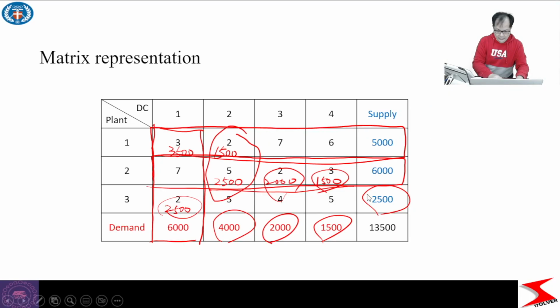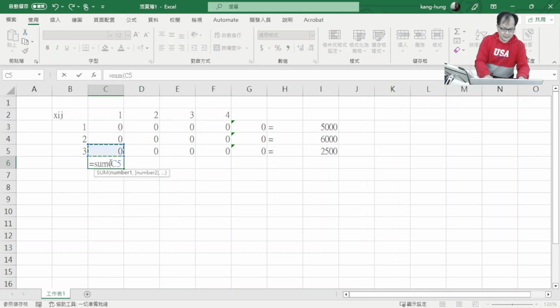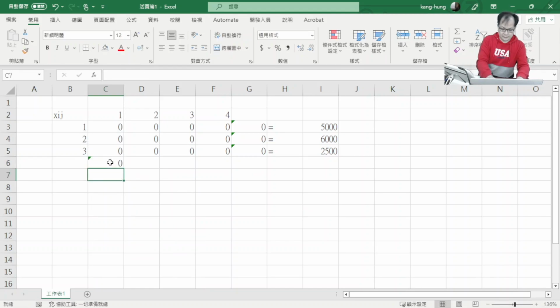So we have 5,000, 6,000, and 2,500. Okay, and also we add the column together to see if it fulfills the customer demand, right?